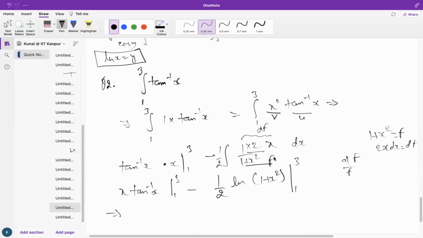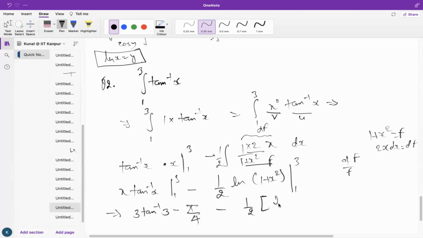So first insert the upper limit. So we get 3 tan inverse of 3, right? And then insert the lower limit. So we get the tan inverse of 1. And we know the tan inverse of 1 is pi by 4, right? So there will be pi by 4, minus 1 by 2.